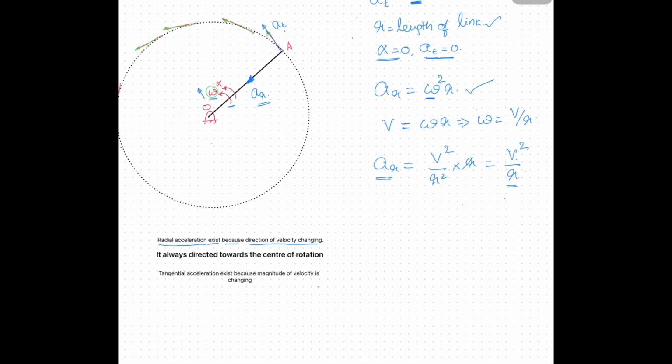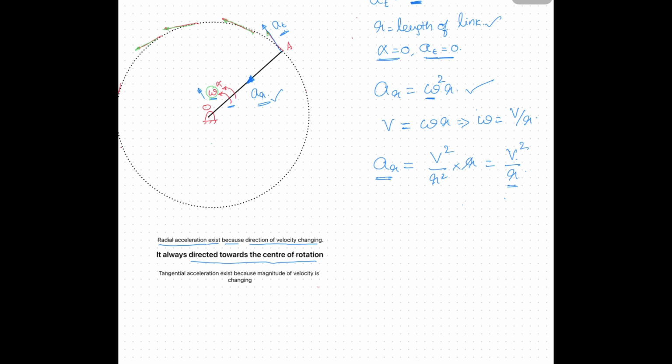Now let's see how to draw the acceleration diagram for a link. Before proceeding, let us recollect that the radial component of acceleration is always directed towards the center of rotation. The tangential component is always perpendicular to the link OA.